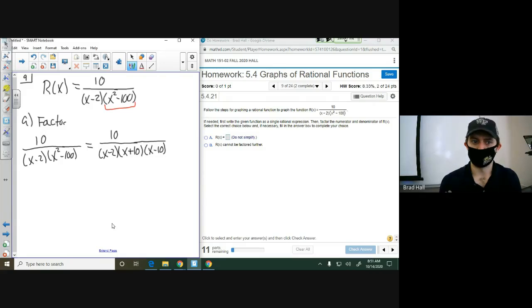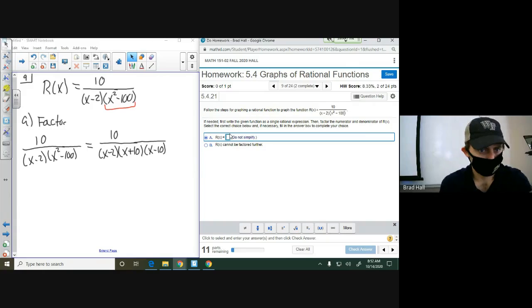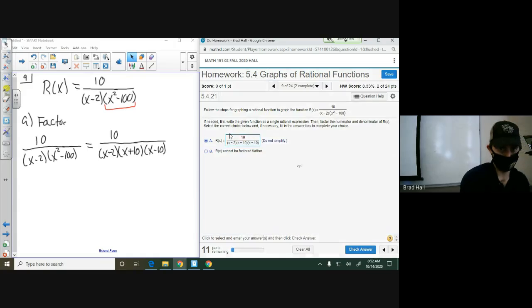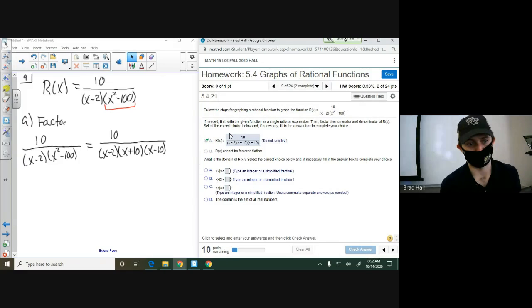So that is the difference of two squares, because 100 is a perfect square. So that is the true factored form for this problem. That's the factored form. Now they ask us for the domain.